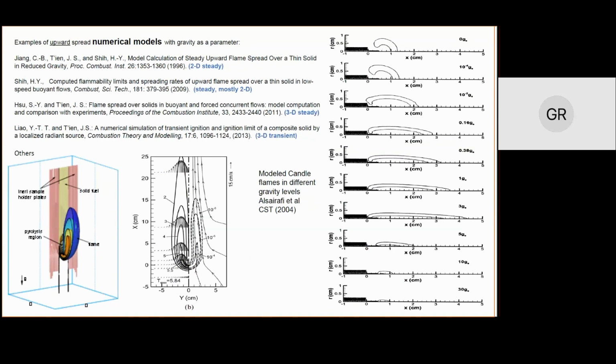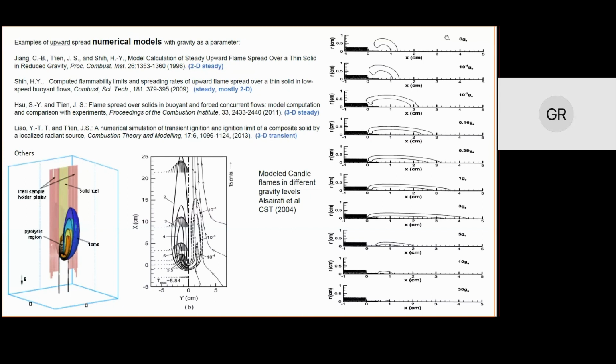I'm going to comment on numerical modeling, and I'm going to concentrate on numerical modeling for the upward case. Detailed numerical modeling has the potential to extend from 1G to 0G, to lunar G and other G. The first work by Jiang is a two-dimensional study. Then she extended this to different boundaries and pressures.